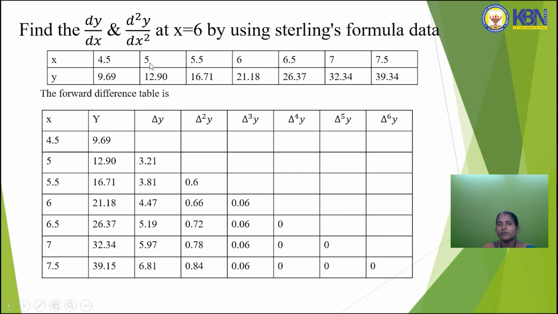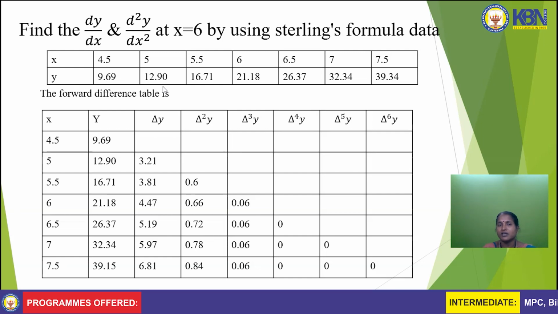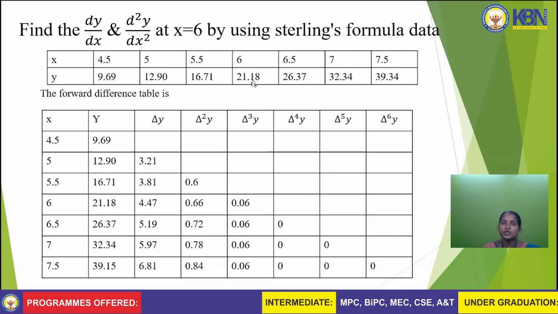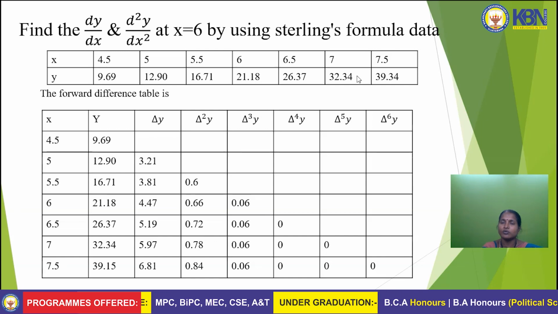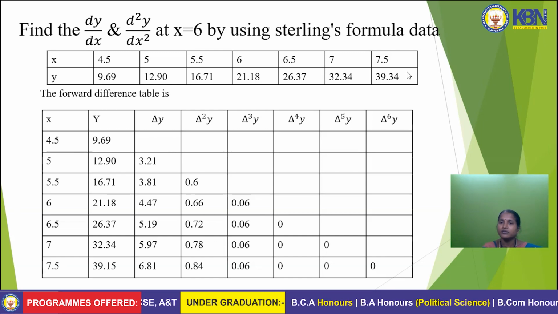You can add 5 plus 0.5, 5.5; 5.5 plus 0.5, 6. That means the common h value is 0.5. He has also given the corresponding y values: 9.69, 12.90, 16.71, 21.18, 26.37, 32.34, 39.34.